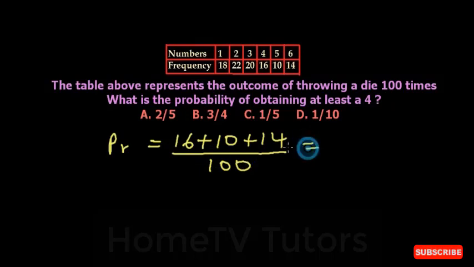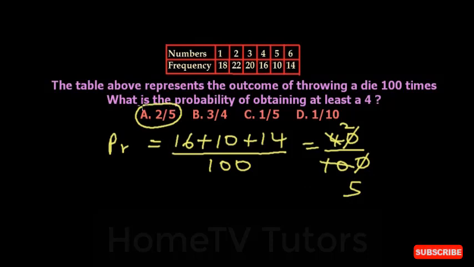Okay, so now we have 16 plus 14, 30, 30 plus 10, which gives us 40. 40 to be divided by 100. Cancel 0 with 0, 2 here, 2, 2 in 10, that's 5. So the answer option A is the right answer.